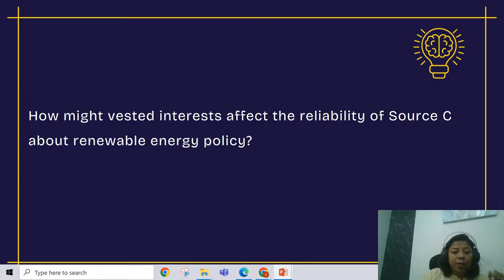The examiner expects you to analyze and evaluate source C, look for the arguments made in source C, and identify if it is a valid argument. Also identify if there is any vested interest which is directly shown and which can also be indirectly talked about in the source.